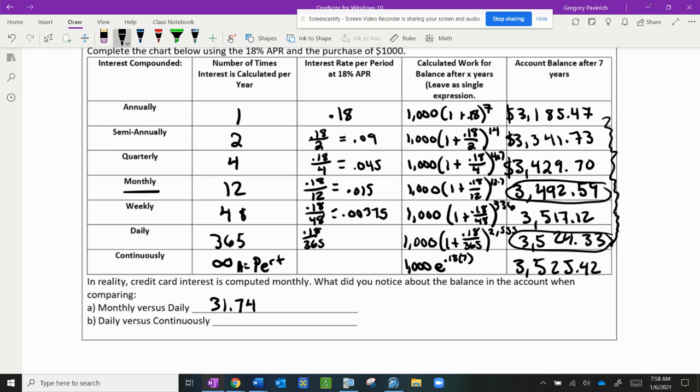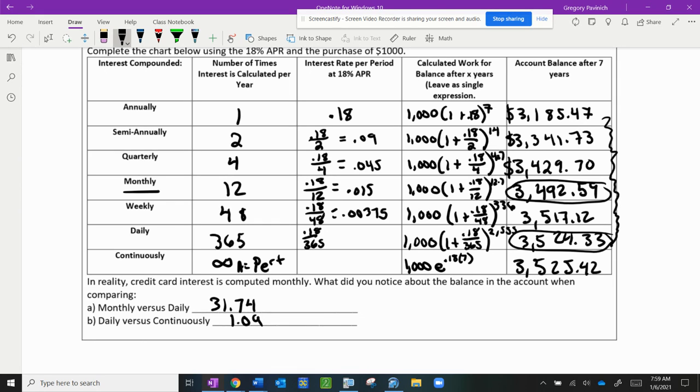Now, if I do daily versus continuously, so $3,524, I have $1.09.